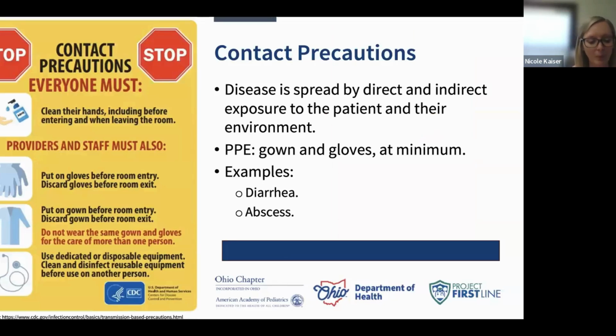We'll start with contact precautions. These should be used anytime there is concern for possible direct or indirect exposure to the patient in their environment. So anytime, say, that there is diarrhea or concern for an abscess, we should be using PPE with gown, gloves, and of course our hand hygiene at minimum.